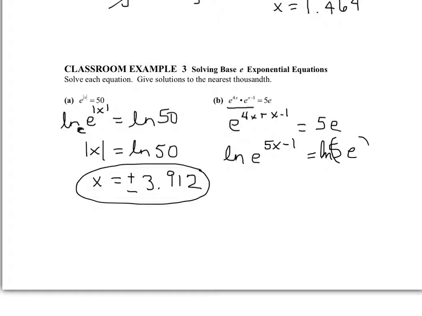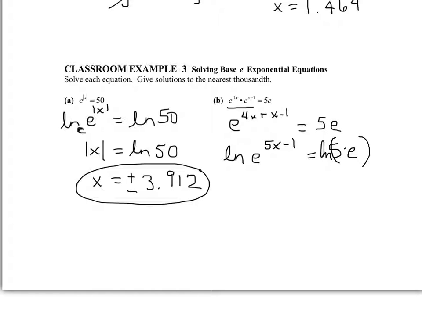I'm taking the natural log of that entire side. Be sure you put the 5e in parentheses. That's important because notice that's a product, 5 times e.